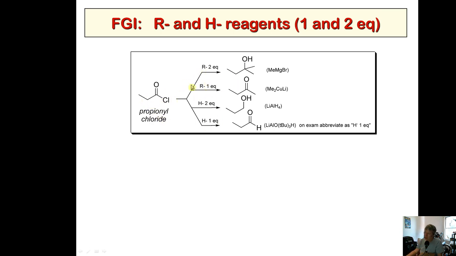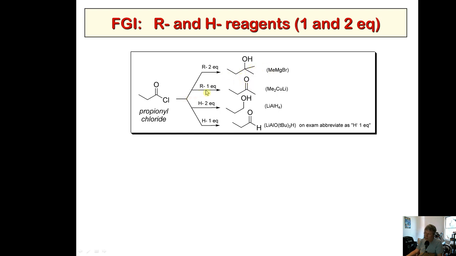If you want to add two R groups, you use a Grignard and just do it twice. We say R minus 2 equivalent: a Grignard is the R minus 2 equivalent reagent for an acid chloride. So two methyls, for example, you get a tertiary alcohol.